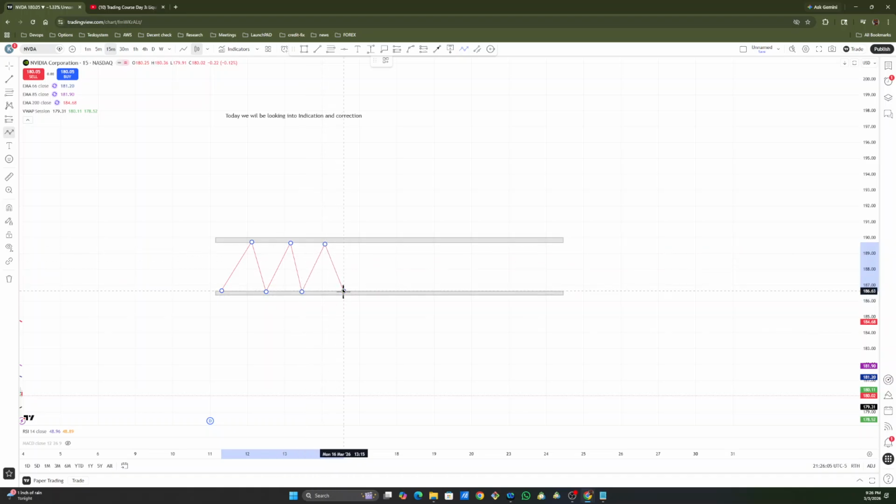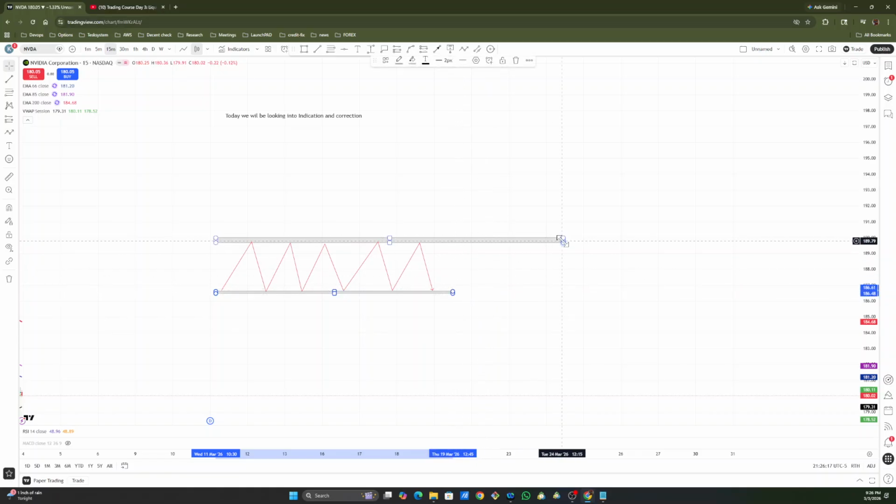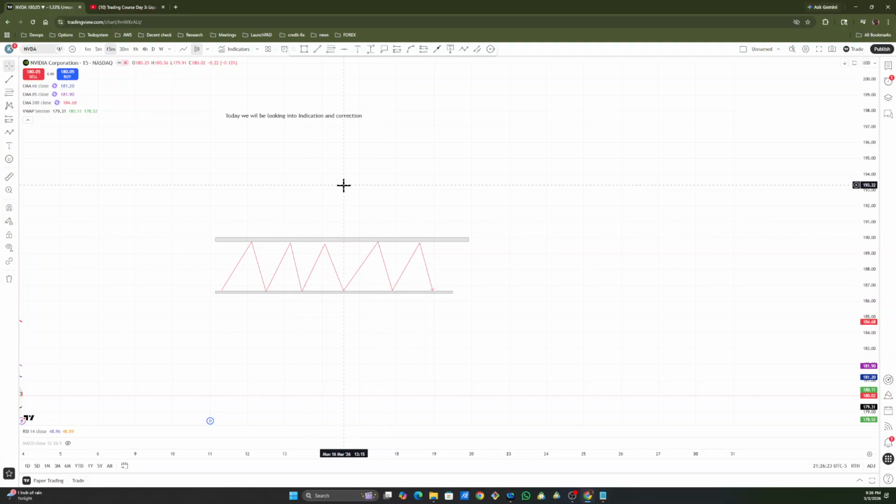When the market is showing you something like this, it is an indication telling you that the market is just creating a swing high and swing low.